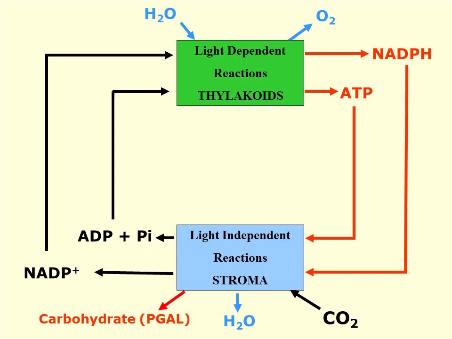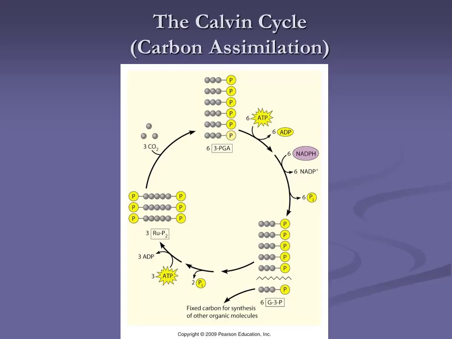Now, as we get into the light-independent reactions, here's the Calvin cycle, carbon assimilation. So here are our 3 carbon dioxide molecules that we're going to bring in. We have these 3 molecules of ribulose bisphosphate, Rubisco.